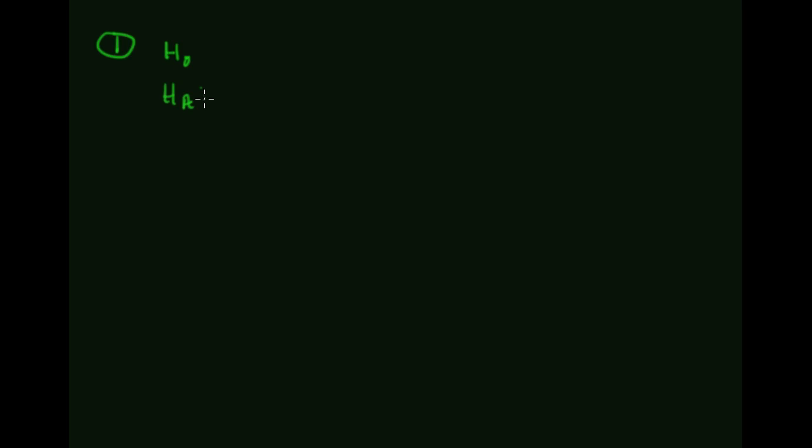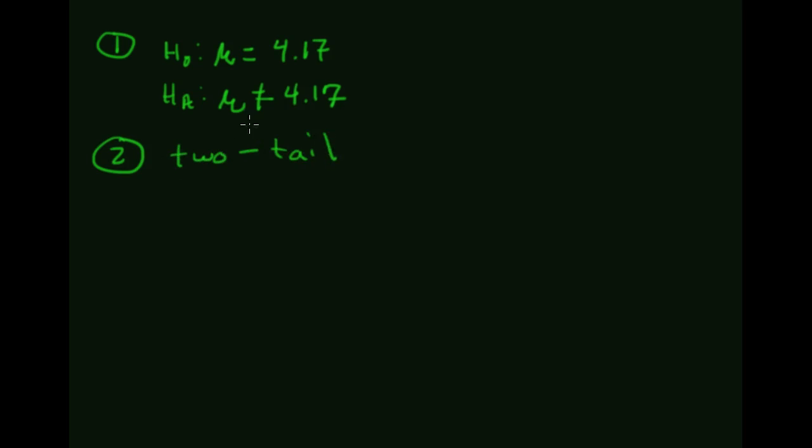All of the ones on this are going to be equivalence statements because we're using a confidence interval. So the null hypothesis is that the mean is 4.17. The alternate hypothesis would be that it's not 4.17. All of these problems are going to be two-tailed because they're equivalent statements, which means the alternate is a not equal.